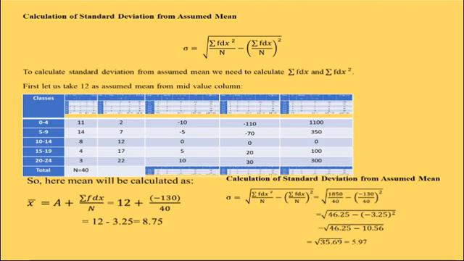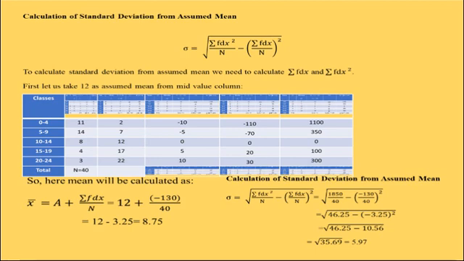To calculate standard deviation from assumed mean, we need to calculate summation f dx and f dx square. First, let us take 12 as assumed mean from the mid values column. Now calculate dx, which is x minus a, and then multiply dx with f.